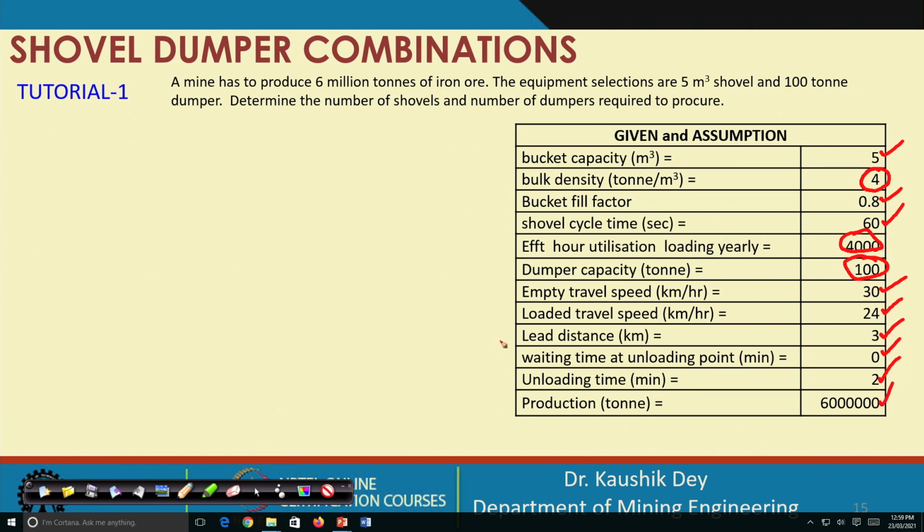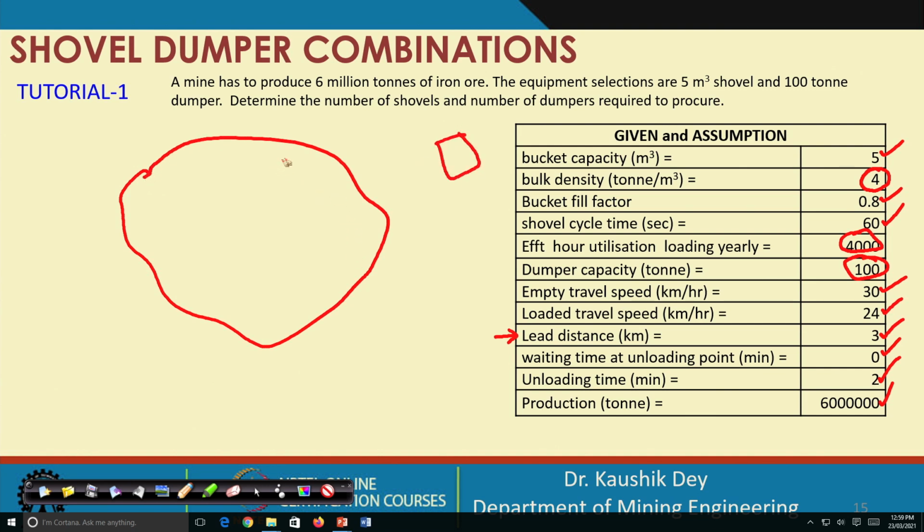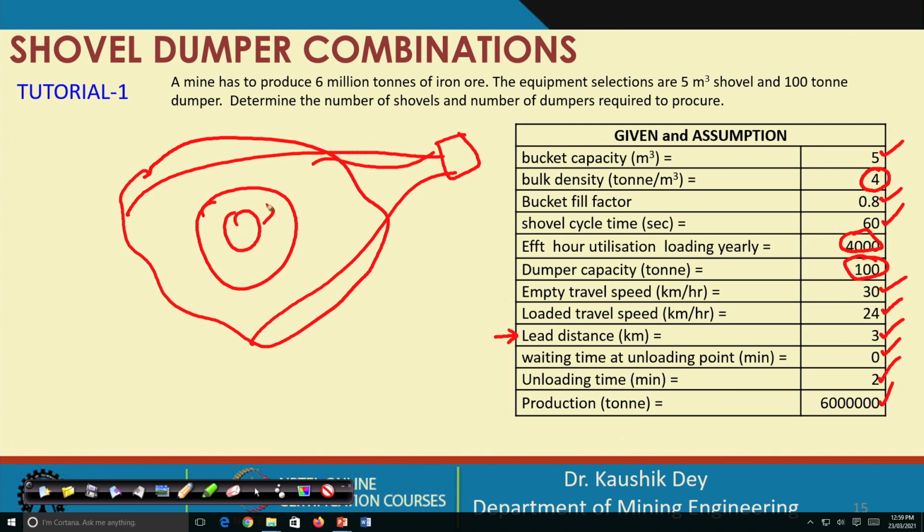Now, I should give a little discussion on this lead distance. Obviously, if a mine is working like this and our destination is at this point, the lead distance from this place, from this place, and from this place will be different. Similarly, the lead distance from the lower bench to the upper bench is also increasing.